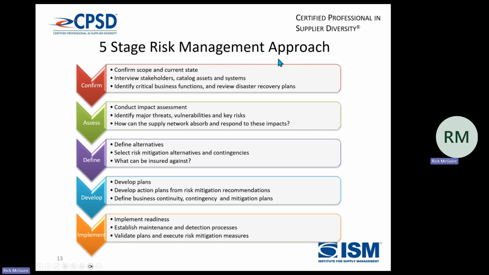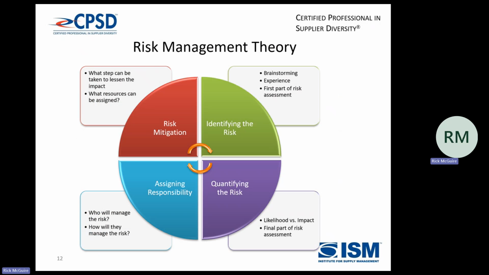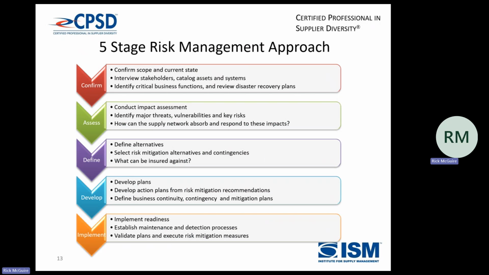Here's the risk management approach. Confirm scope and current state, interview the stakeholders, identify critical business functions. That is where you come up with identifying the risks. Conduct an impact assessment, identify major threats and vulnerabilities. How can the supplier network absorb and respond to these impacts?